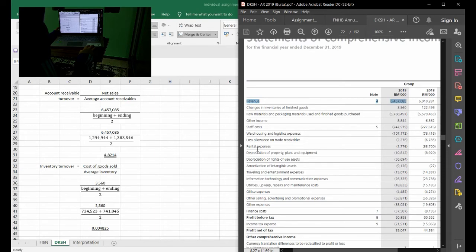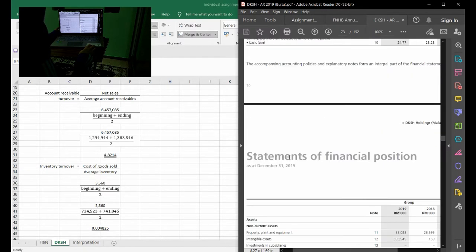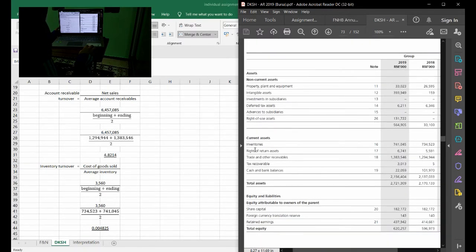Account receivables is from the statements of financial position, where it has the same meaning as trade and other receivables, and the beginning will be from 2018, where the figure is 1,294,944, and the ending account receivables will be 1,383,546, and the final ratio will be 4.8214.